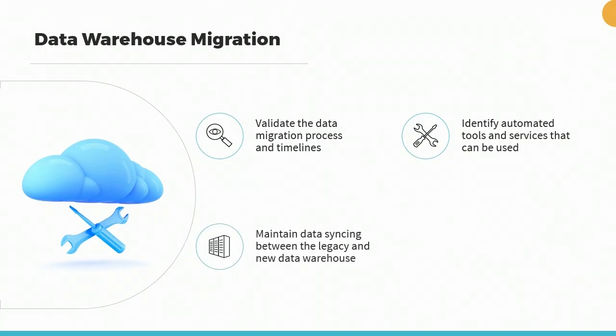And we need to maintain some data syncing between the legacy and the new data warehouse. So this is where we want to use critical business processes to help keep the project on schedule. Typically, as we're building this new data warehouse, we keep the legacy data warehouse up and running and in sync with each other. When the new data warehouse is ready to go, it's almost like a blue-green deployment where the old one gets deleted and the new one takes its place and starts doing all the heavy lifting.